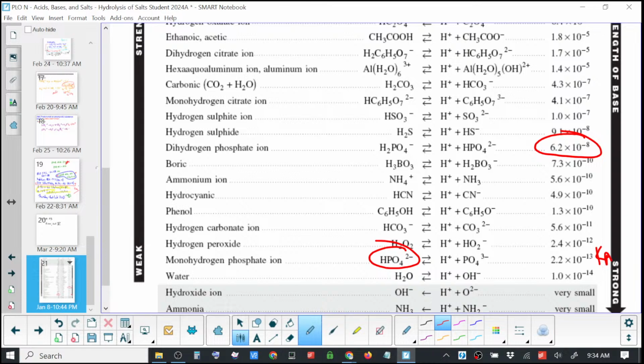Now, what students are tempted to do is use that Ka to calculate the Kb. This is not the right Ka to calculate the Kb. Why? Is it because the HPO4 2- is acting as an acid instead of a base? Right. Here, it's an acid. It's only the Ka. To calculate the Kb, you need to find it in 2 different places.